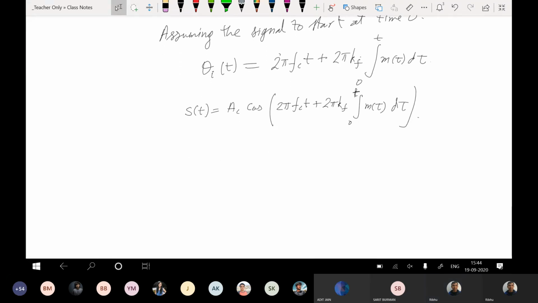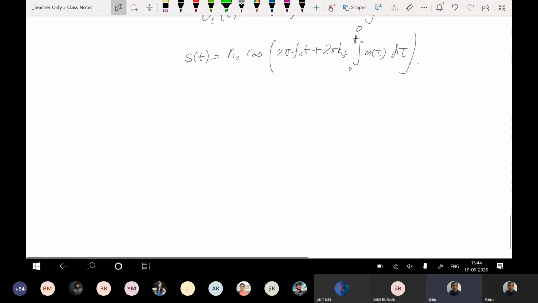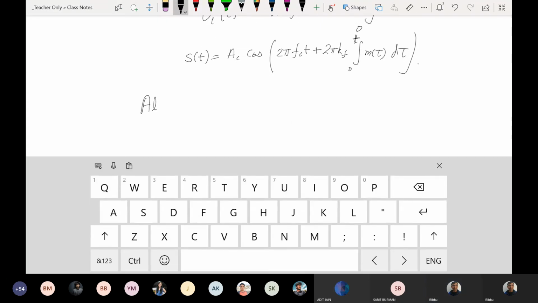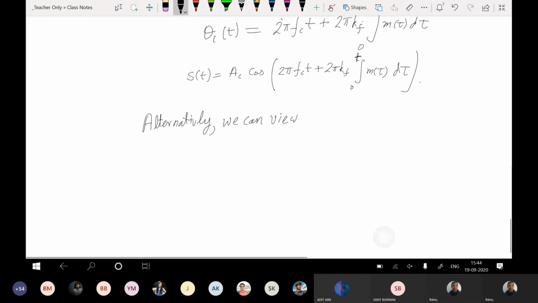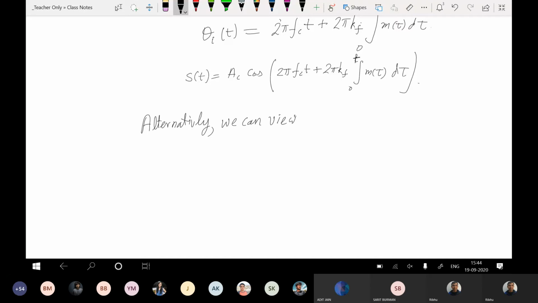Fine, this is how a frequency modulated signal is.